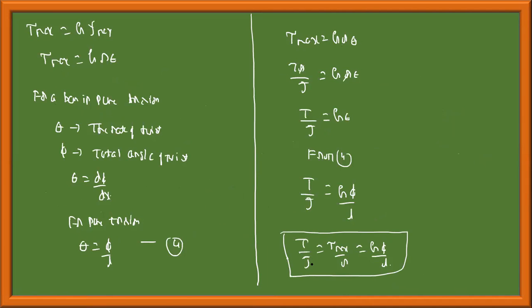Some authors write it with G theta only. But when it talks about theta, it is the rate of twist. For pure torsion, theta is equal to phi by L, where phi is the total angle of twist. So T by J is equal to tau by R is equal to G phi by L.